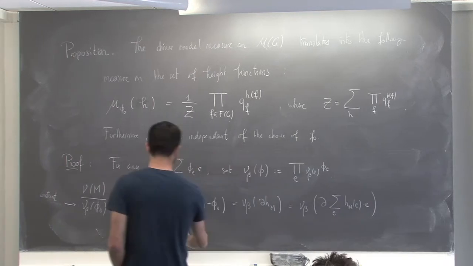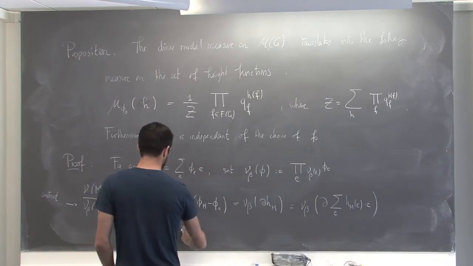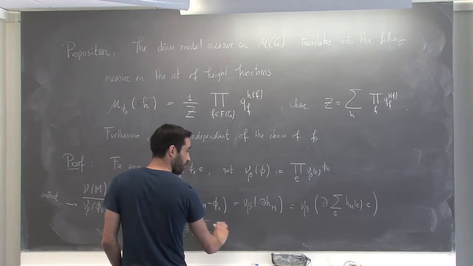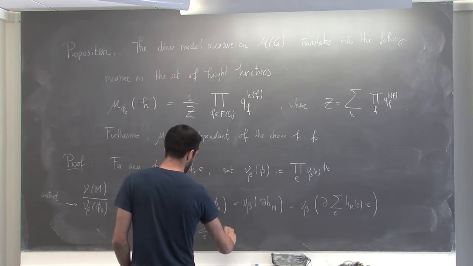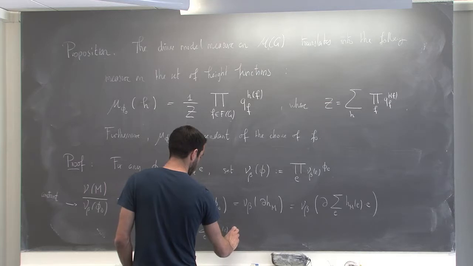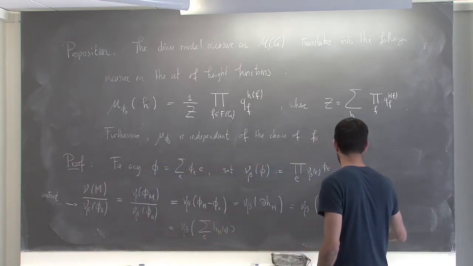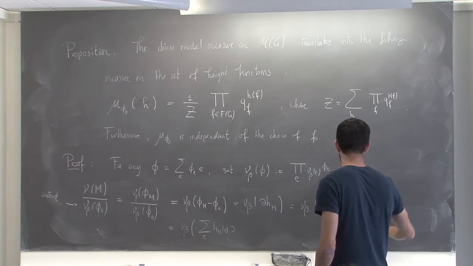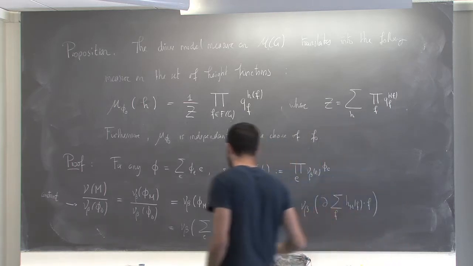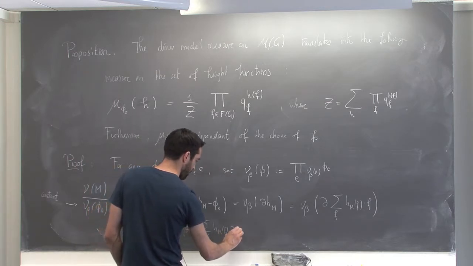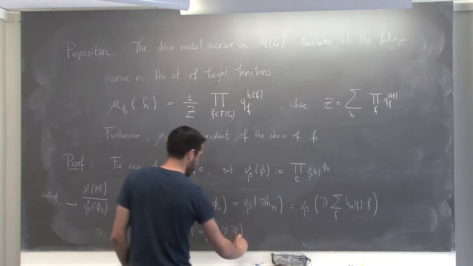So this is nu beta of sum over e, hm of e. I'm sorry, this is a sum over faces. Sum over faces f of hm of f times the boundary of f.